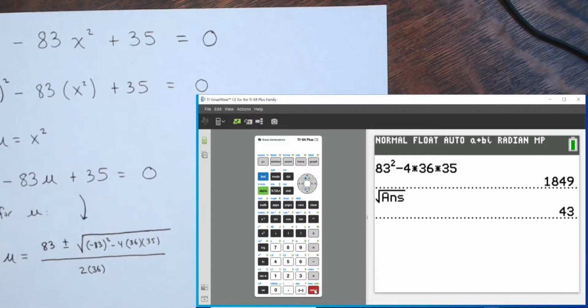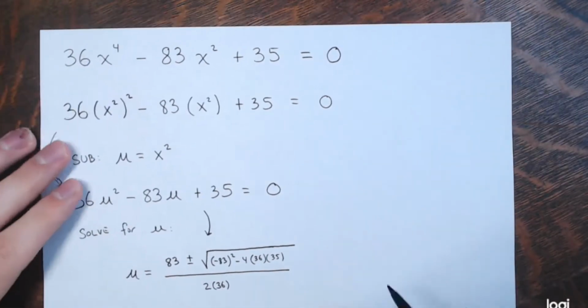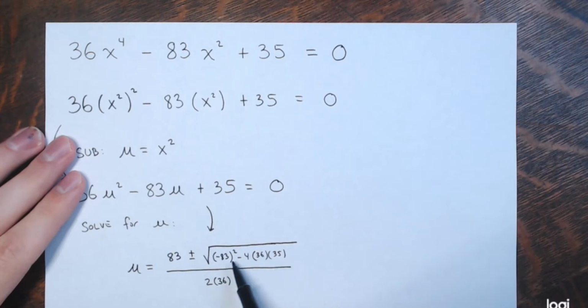Remember, if the b squared minus 4ac is a perfect square, that means your quadratic was factorable. Okay, so getting rid of the calculator here, going back. This square root of the discriminant, that's just 43. So this is 83 plus or minus 43 all over 2 times 36, which is 72.